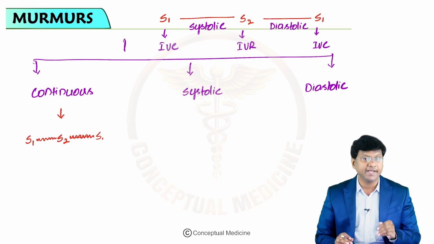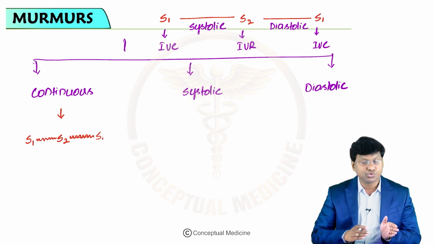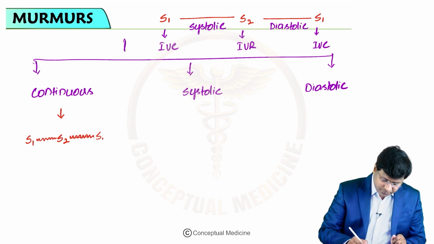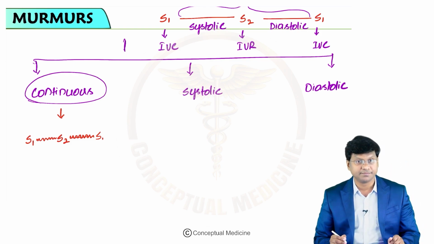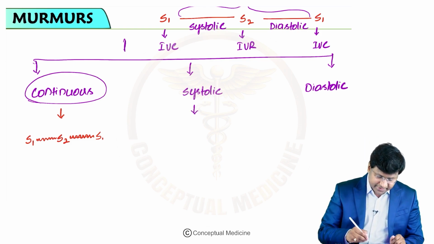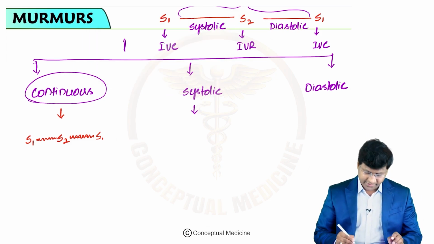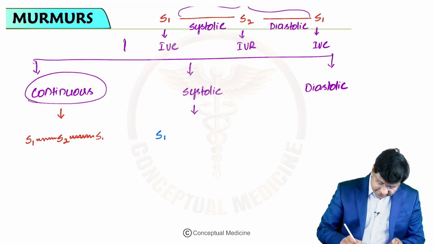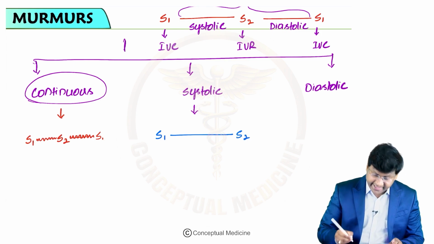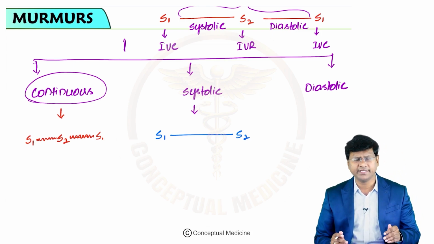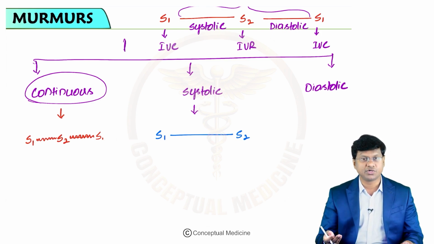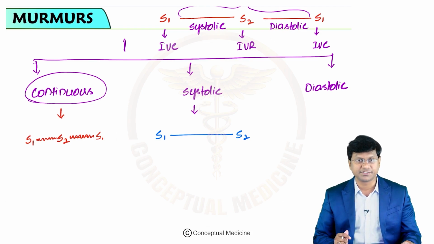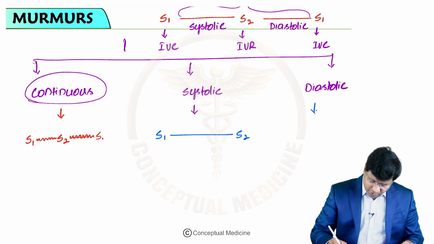If the cardiac murmur appears throughout the cardiac cycle, that is from S1 up to S1 again, that will be your continuous murmur. Whereas systolic murmurs start at S1 and end at S2, and accordingly we have early systolic, mid systolic, and late systolic murmurs.